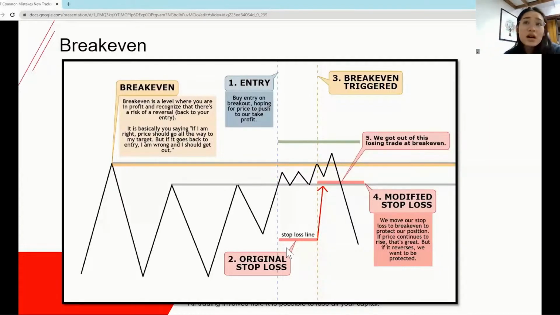At 0.3, when the break even is triggered, price reaches our break even level and reverses off it. Hence, we move our stop loss to the entry to protect our position. So we move it here instead. Number 4, modified stop loss. If price continues in our favor, that's good. But if price reverses back to our entry, we want to be protected. Here we can see price has broken above the break even, but has quickly reversed and hit our modified stop loss.